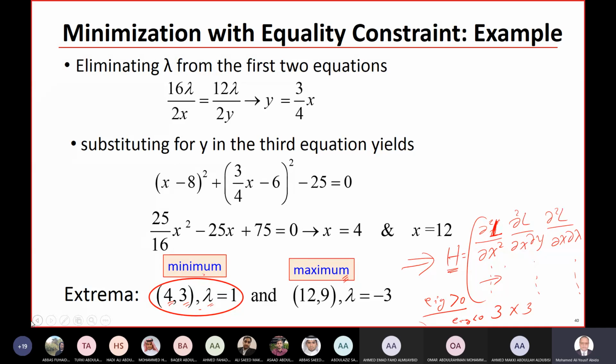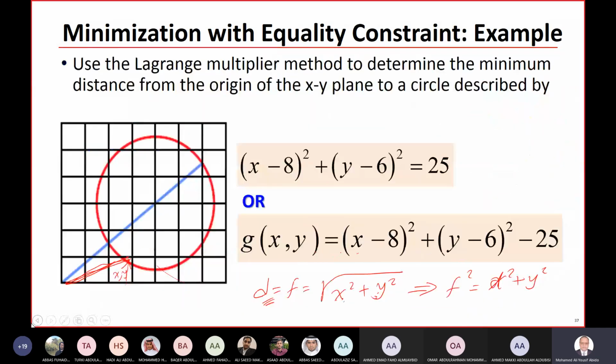Graphically speaking, if you go back, you will find the two solutions. This solution gives you the minimum value and this solution gives you the maximum value. So you have 2 solutions here.